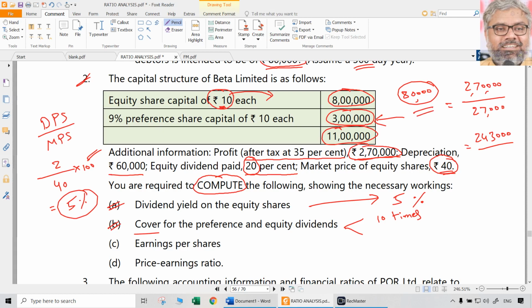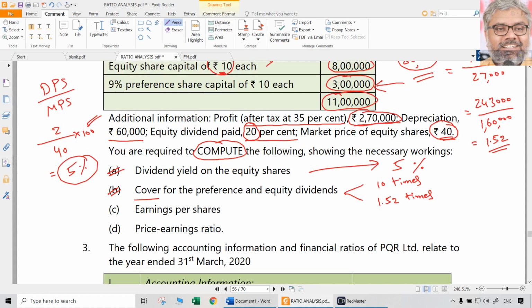That means 1,60,000 rupees is the equity dividend. So what is the equity dividend coverage ratio? 243 divided by 160, that will be 1.52 times. 2 decimals are generally enough. 1.52 times. That is the equity dividend coverage ratio.